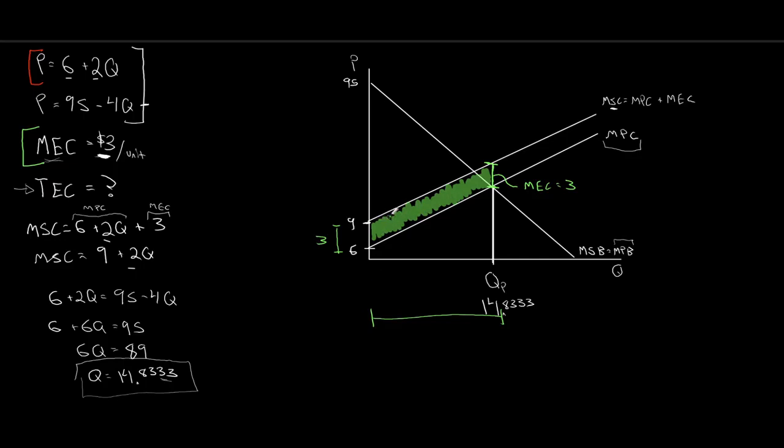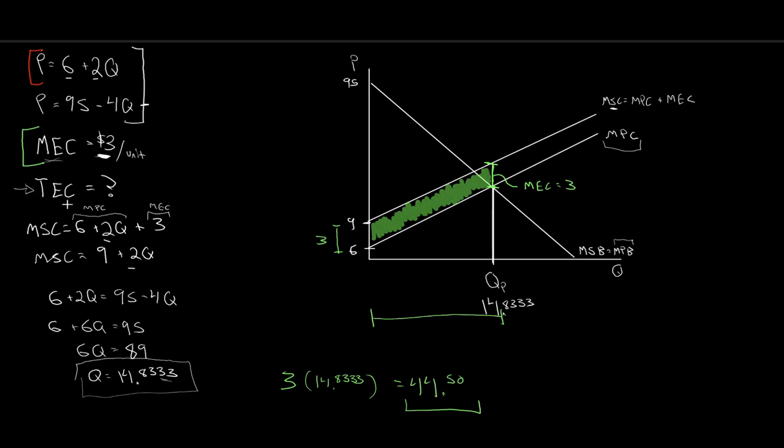That area here, that is my total external cost. So I can calculate that as 3 times 14.8333, and that is $44.50. So based off of that, I have a total external cost of $44.50.